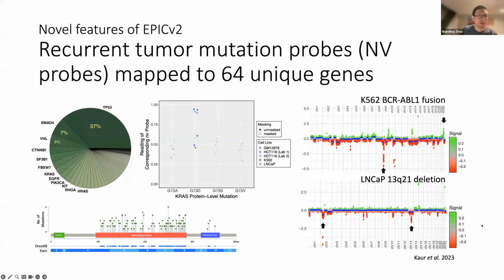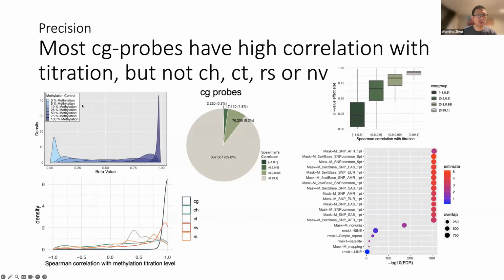number variations. And then this experiment is similar to the titration experiment that I showed in the mouse array, but this is to show you that the vast majority of the CG probes are highly correlated with the titration and methylation levels, but not the CH and CT and other probe categories. And actually, we are providing this list of suboptimally correlated CGs so that users could reference it for potential artifact detection.